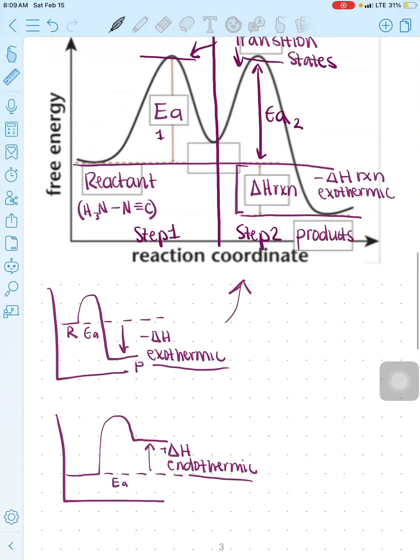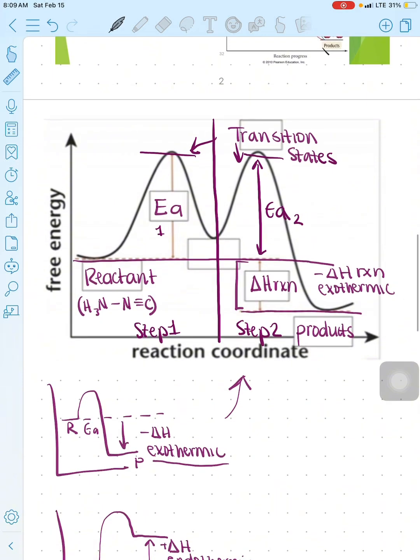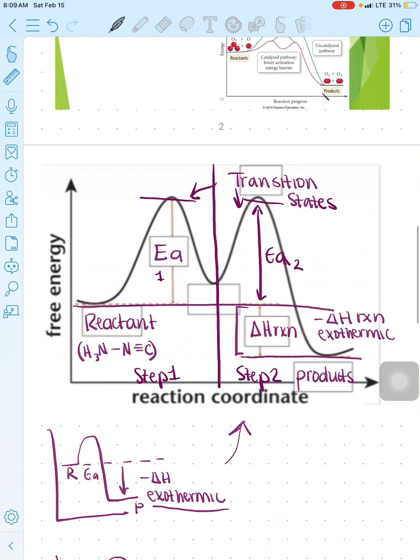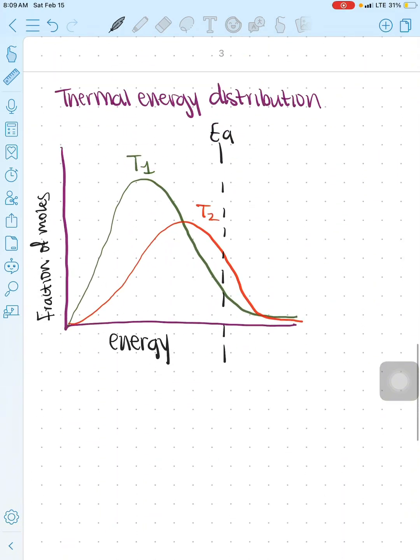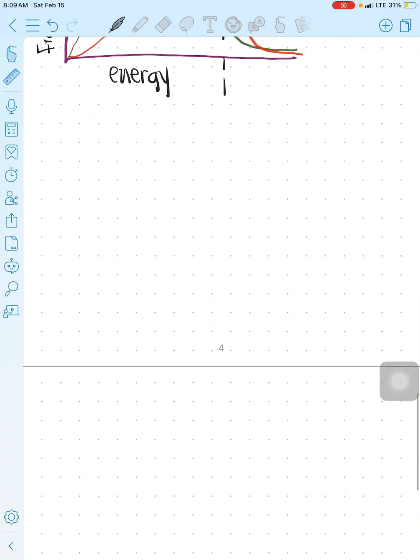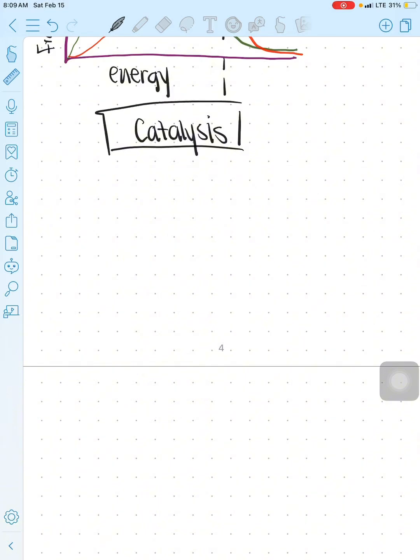Moving on, I also wanted to talk about catalysis, and how it will make the diagram look different. I'll be drawing out what a possible diagram could look like, and the difference between a normal one and one with a catalyst.